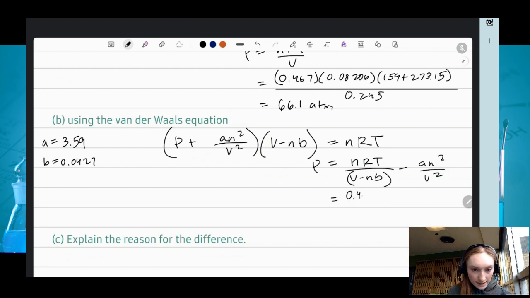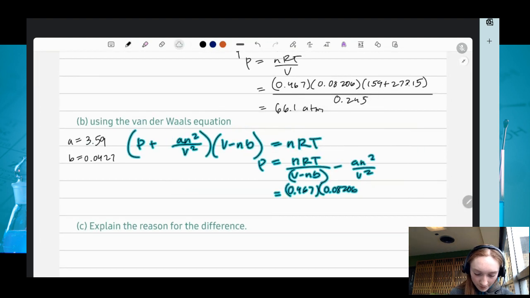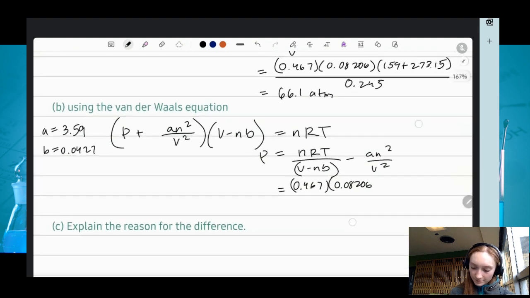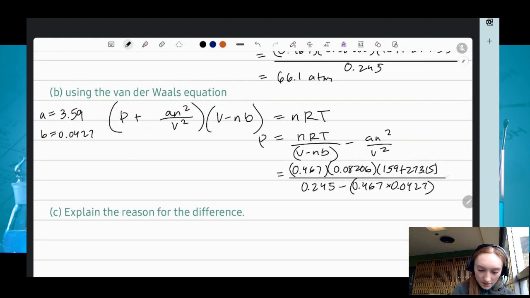So n is 0.467, 0.08206. Let's move everything over so we have more room. And the temperature is going to be the 159 plus 273.15 divided by the V value, which is the volume, minus nb, with b being our new constant value that we're working with.